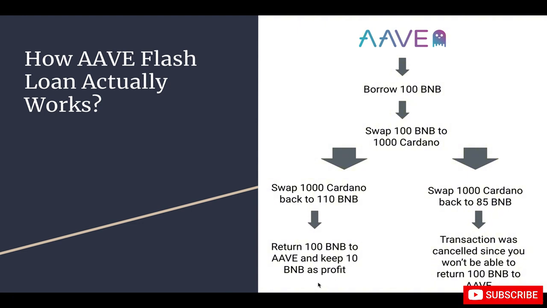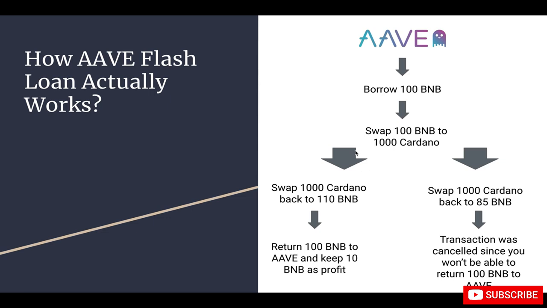The transaction was successful here because you met the requirement, which is to return the same amount of BNB that you borrowed in the first place. Keep in mind that all these three transactions occurred in the same smart contract. Those three occur at once.